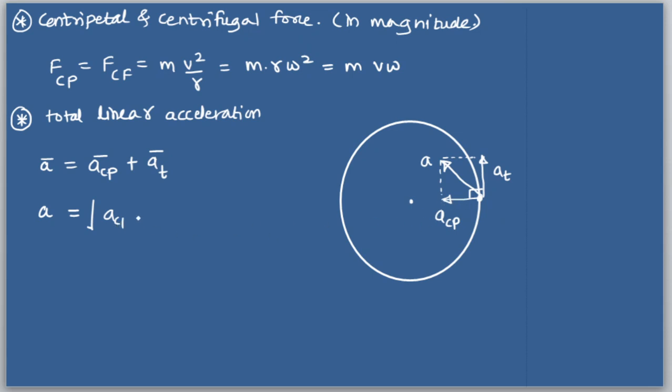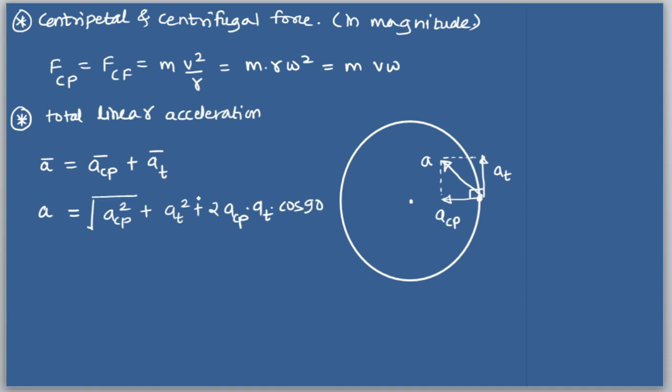Just like magnitude of first vector square plus magnitude of second vector square plus 2 into magnitude of first vector into magnitude of second vector into cos of the angle between them. What is the angle between them? The angle between them is 90.